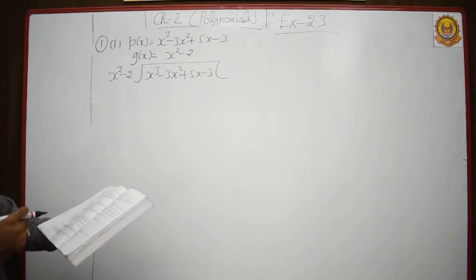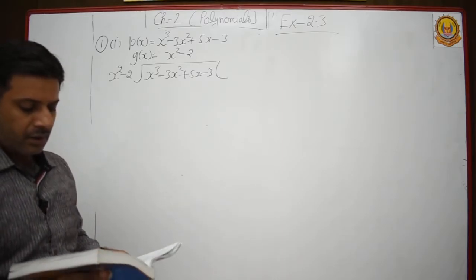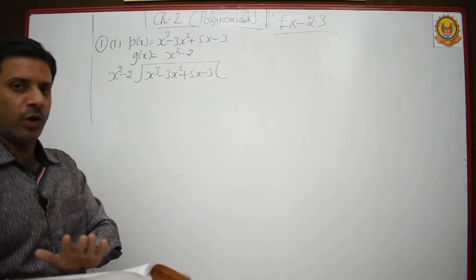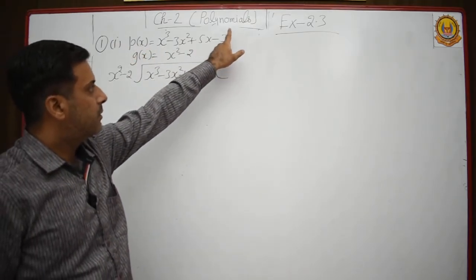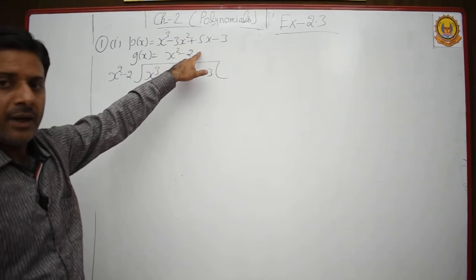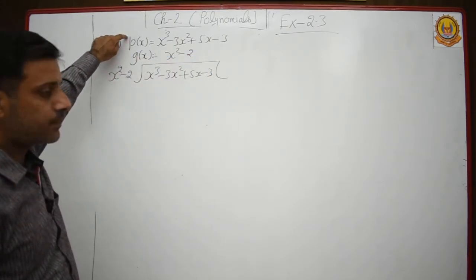Second question: check whether the first polynomial is a factor of the second polynomial by dividing the second polynomial by the first polynomial. Suppose I am taking this question. So I have to divide and check whether the second polynomial is a factor of the first polynomial or not.